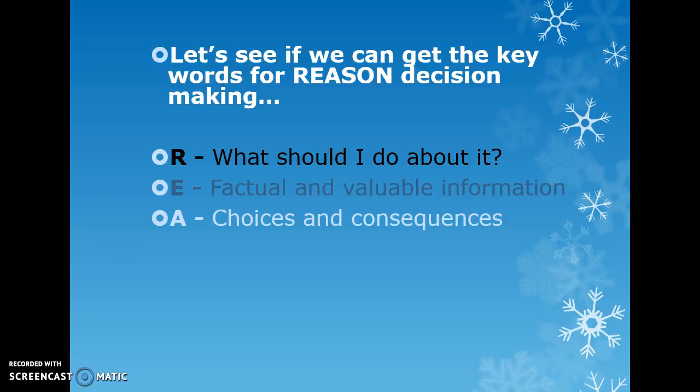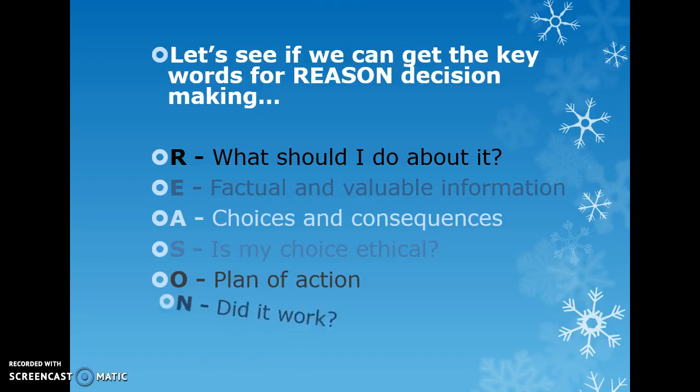So, making that pro and con list. S is, is my choice ethical? Is it the right decision for me? O, my plan of action. I've made my decision. How am I going to implement a plan? And N is, did it work? Did my plan work? Was it successful?